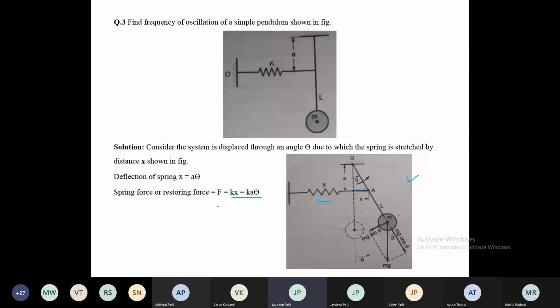All of you draw this figure. Do it fast.